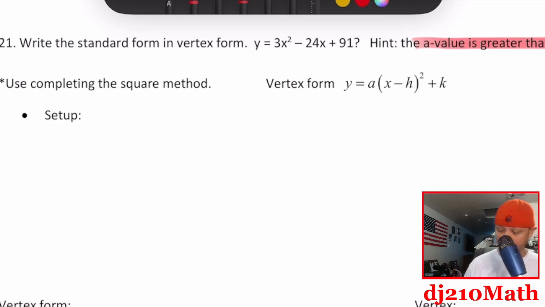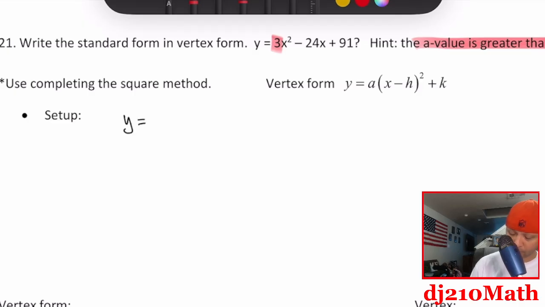All right, so I'm going to rewrite the problem. But first, I need there to be a 1 in front of x squared. This 3 is messing things up right now. So watch how I do this. All right.